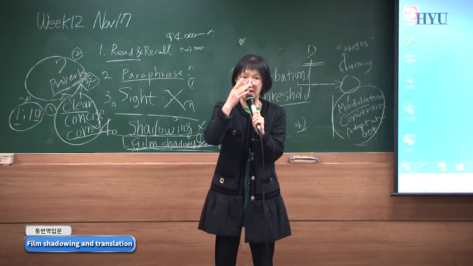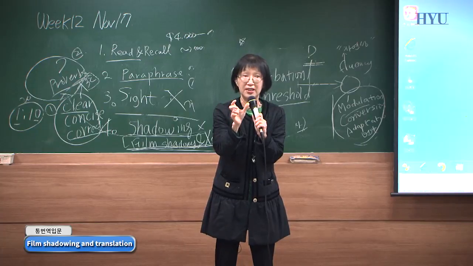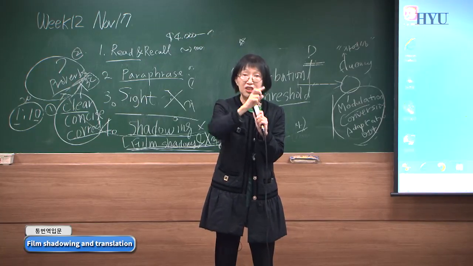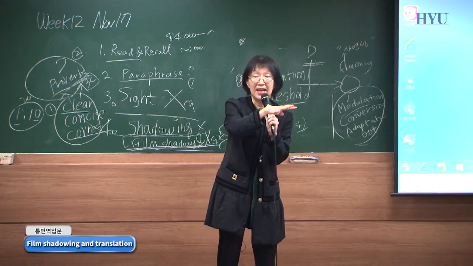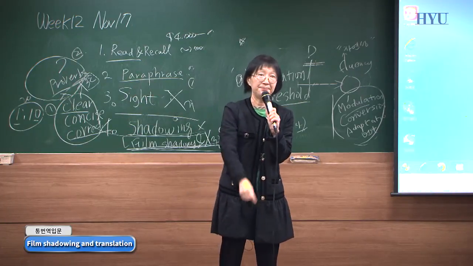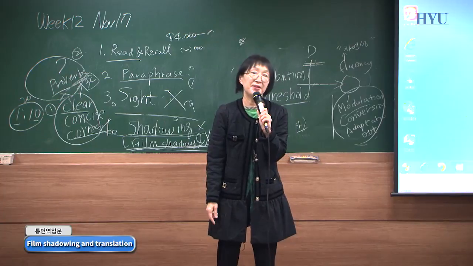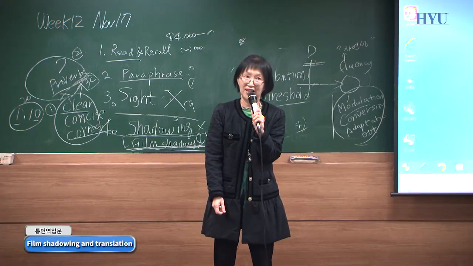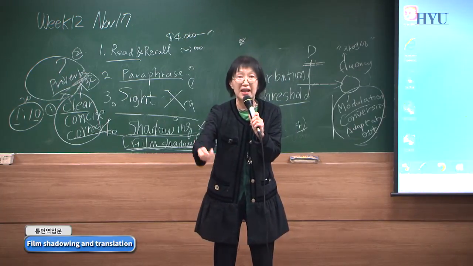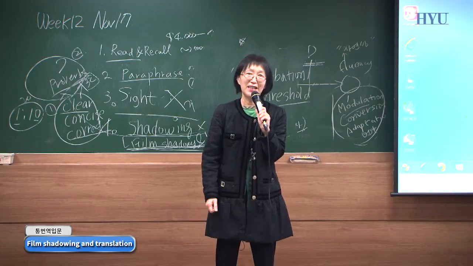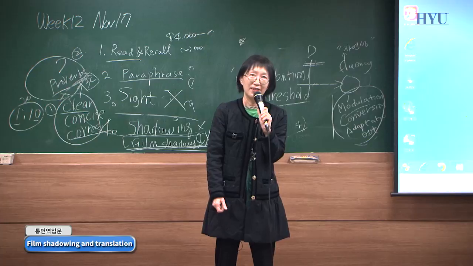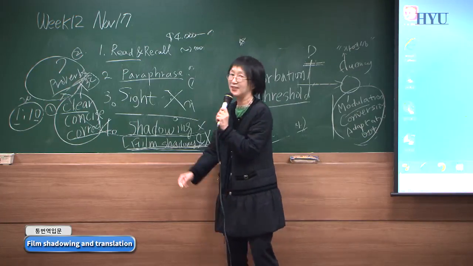In other words, your capacity should be above their standard. If you are the same as the amateur, you will not survive as a professional translator. You should be better able to translate than the amateur. So we are going to find out whether that is possible when we study this film shadowing.